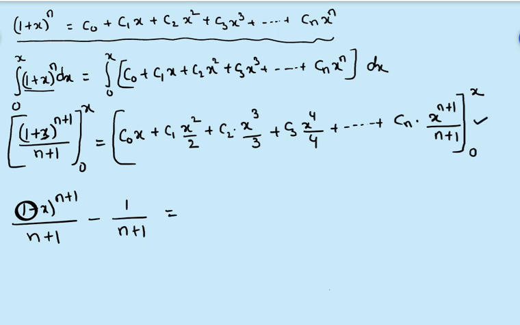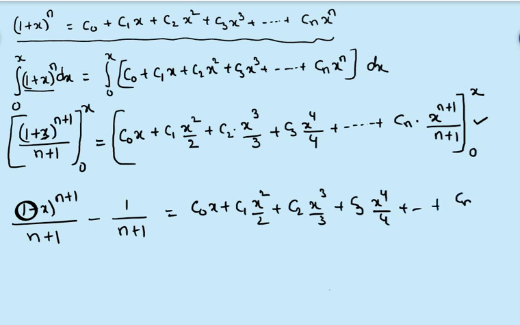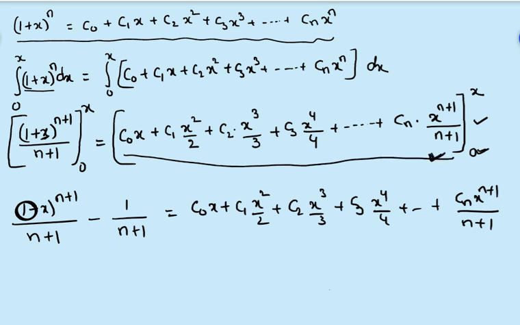Whereas here, substituting the upper limit, we will get c0 x plus c1 into x square by 2 plus c2 into x cube by 3 plus c3 into x power 4 by 4 plus and so on plus cn into x power n plus 1 divided by n plus 1. If you substitute the lower limit, the entire term becomes 0, because every term involves x. If you put x equal to 0, that becomes 0.